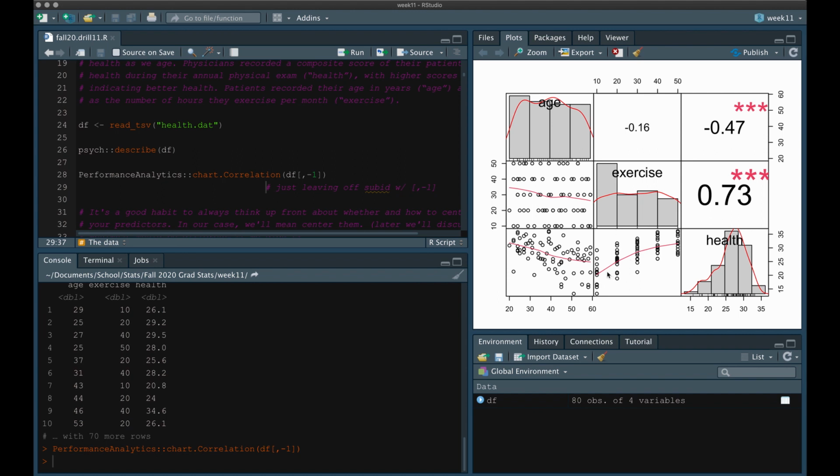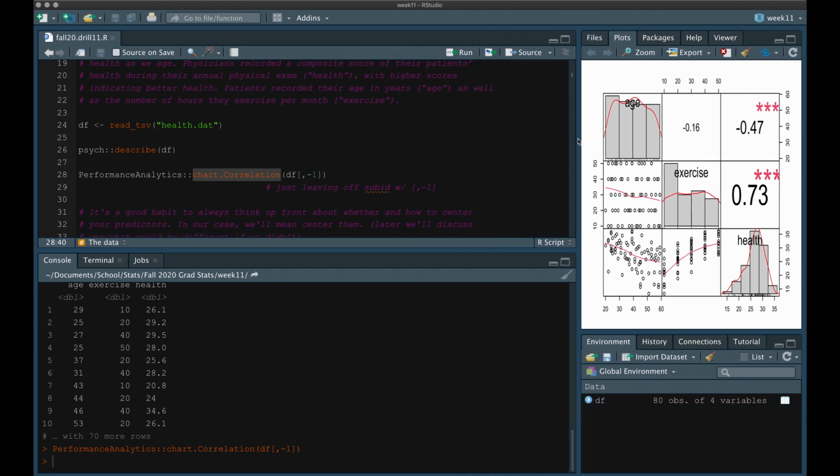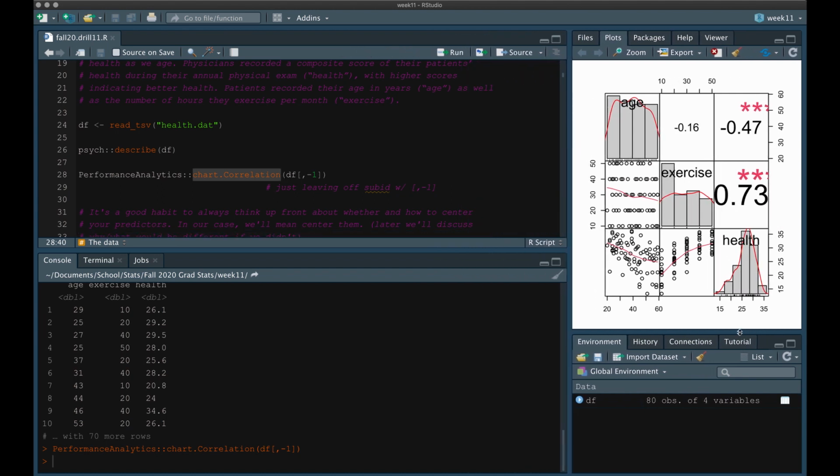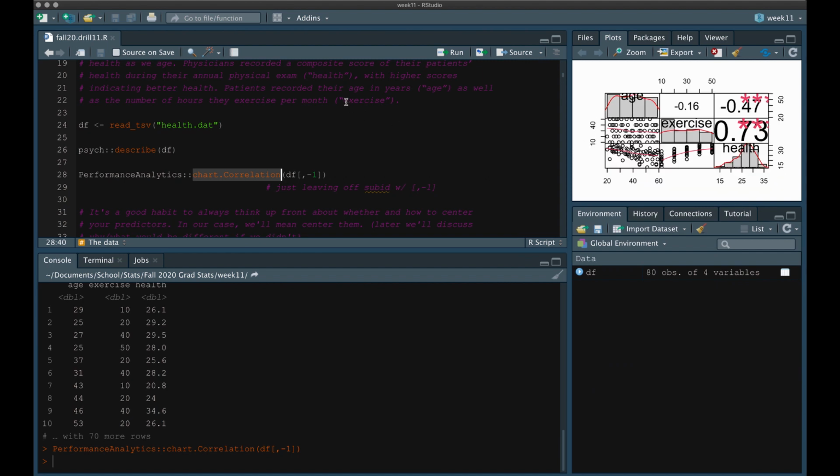And then over here we can see that positive correlation between exercise and health, which is that 0.73. Anyway, I like this chart correlation just to get a real quick, easy glance at univariate and bivariate distributions and correlations if you're interested in those.